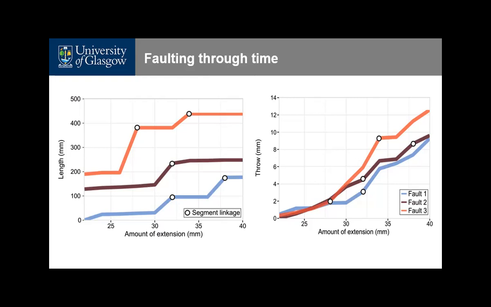And then there's another period of time with very, very little fault growth. It connects with the segment next to it. We get that jump. And then over here, we have extension and throw, both in millimeters. And throw has some variation, but it's more or less the same throughout.